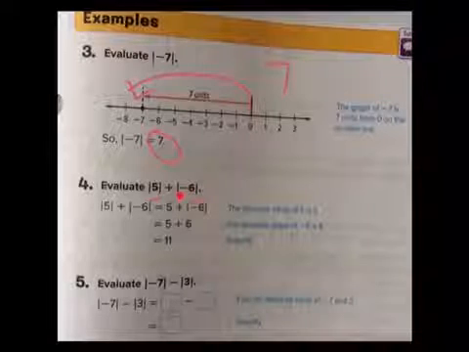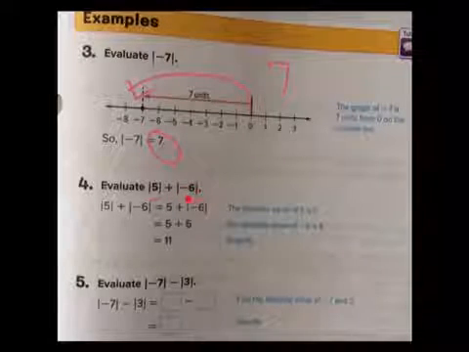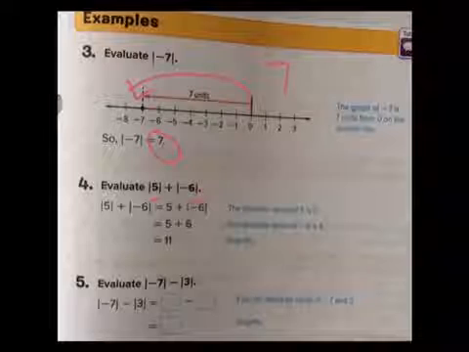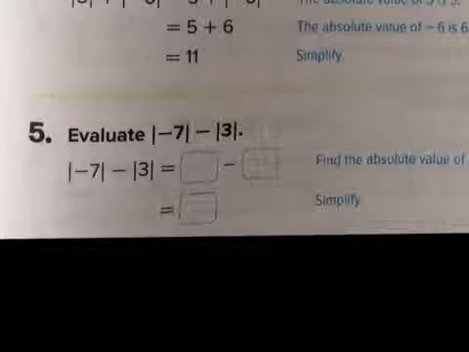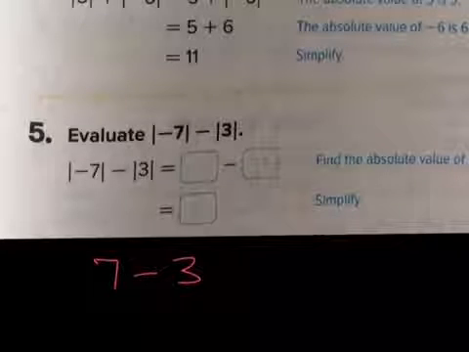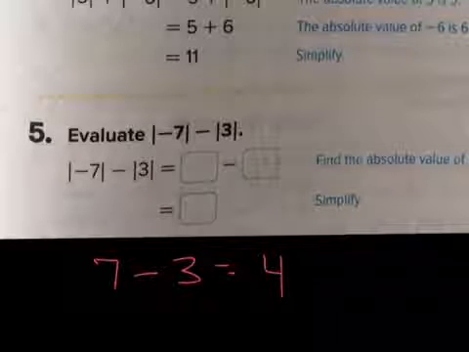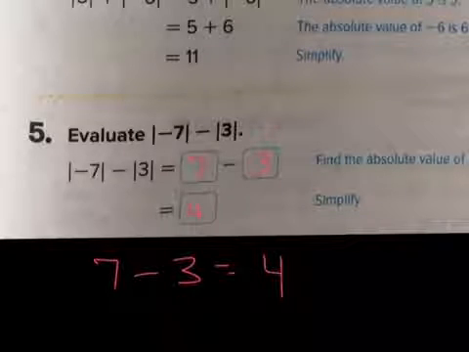Remember, it doesn't matter if it's positive or negative because we're just counting how far it is from 0. So 5 plus 6 is 11. And here I have the absolute value of -7, which is on the negative side, but absolute value again just counts the number of places. So essentially I have 7 minus 3, which equals 4.